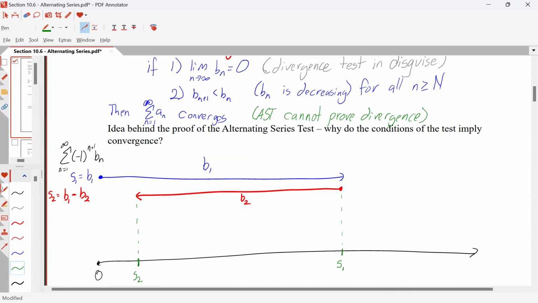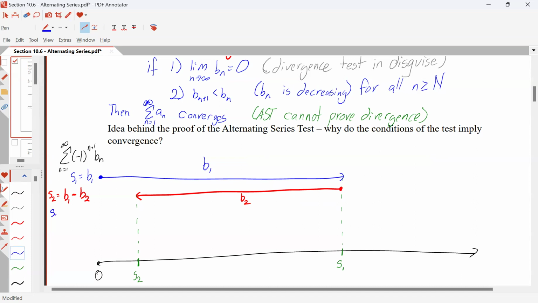Notice I made the second line shorter than the first line. Why? Well, because the sequence is decreasing. So each time I add on another term, the length of that term on this number line is going to be shorter.